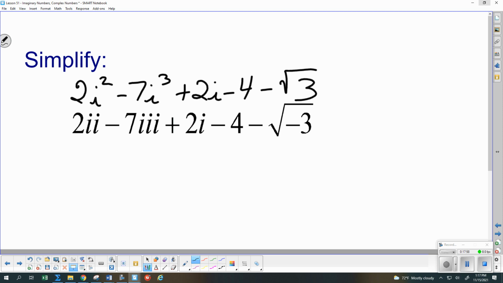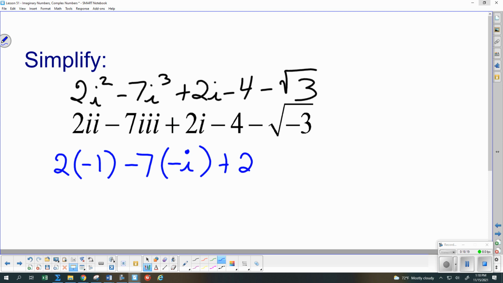So you guys are going to help me work our way through this. What did we say i squared is? So the first term is 2 times -1. Then I have -7 times i cubed. What did we say i cubed is? It is -i. 2i is just fine.